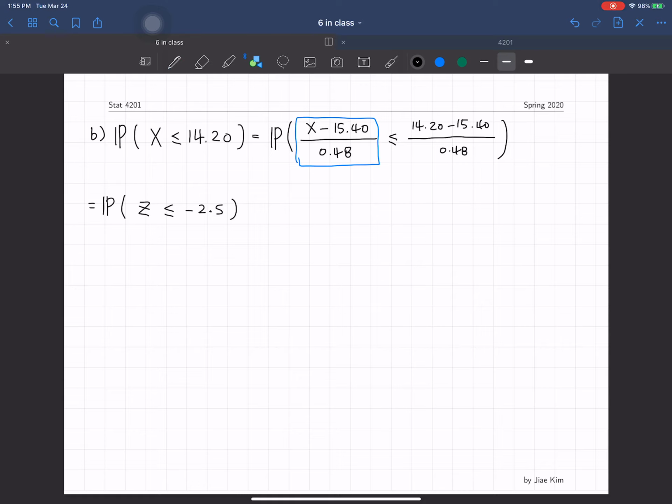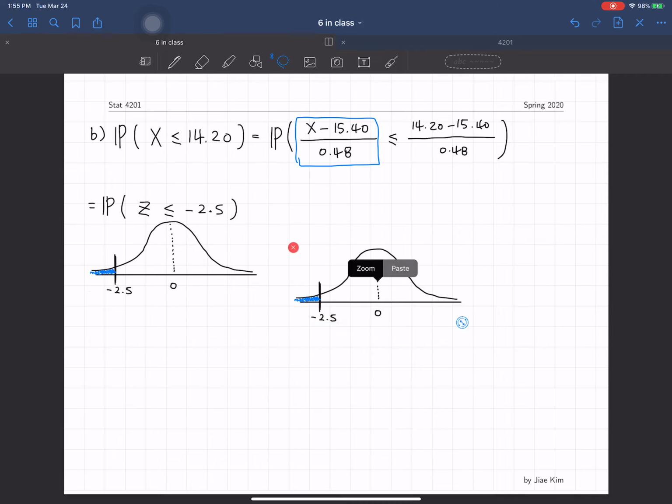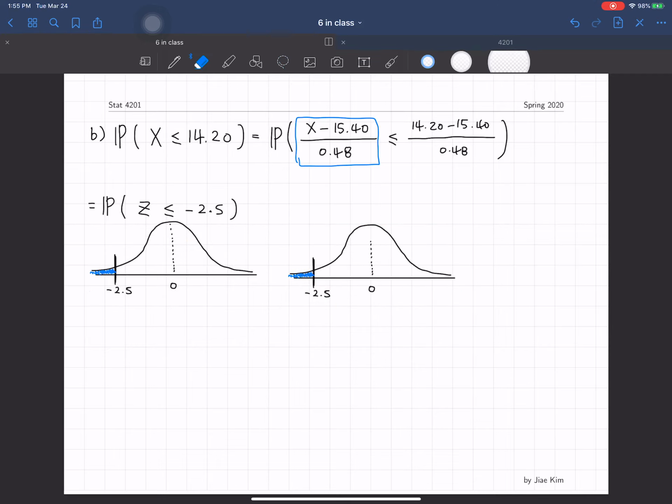Again, it is time to draw a picture to think about the strategy for using the table. In this case we are looking at the probability of standard normal being less than negative 2.5. We are going to use the symmetry of the standard normal distribution. Let me copy the density curve I just drew.